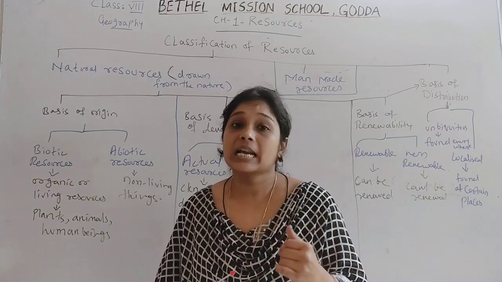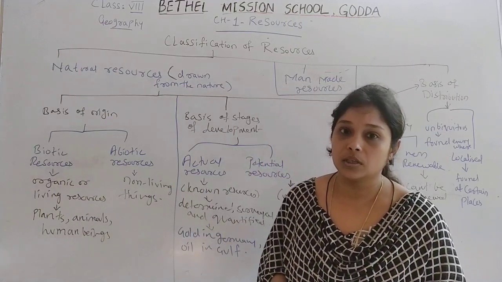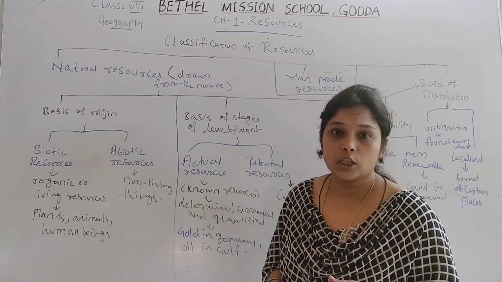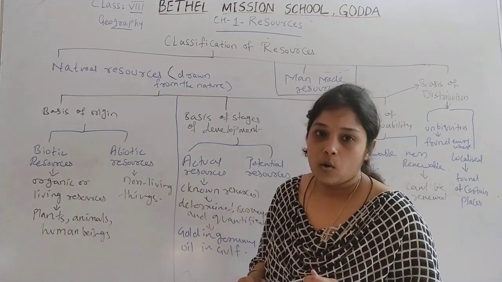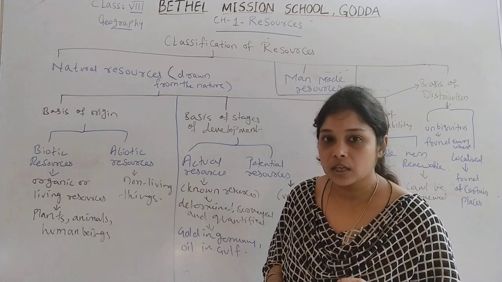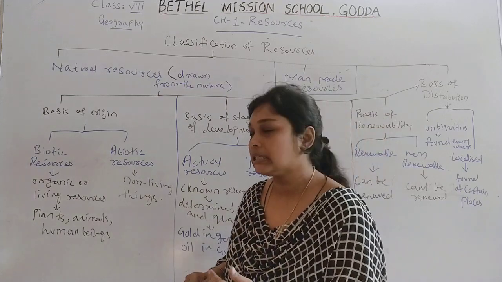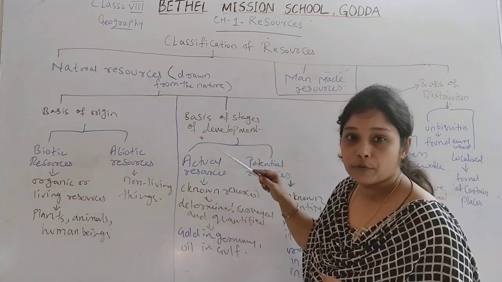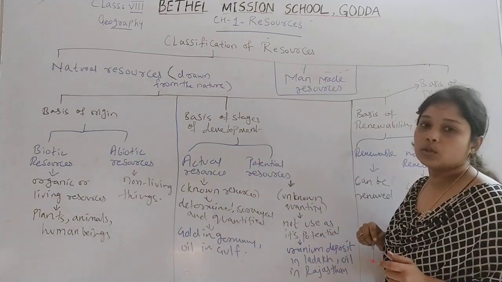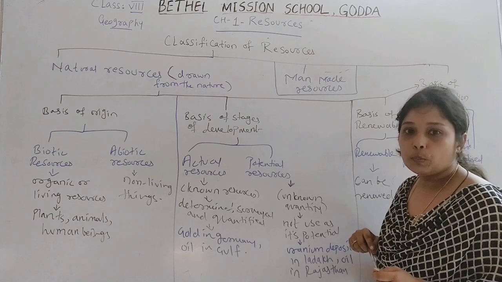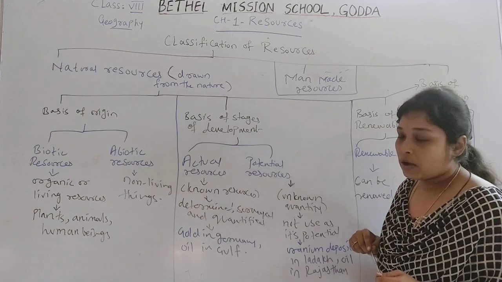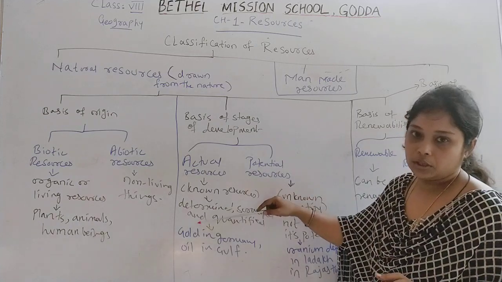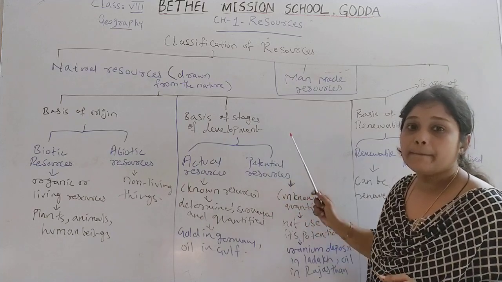Now we will see classification of resources in this particular session. Before, we have already seen that there are two types of resources, natural resources drawn from nature and man-made resources made by human beings. Now we will see the classification on different bases.